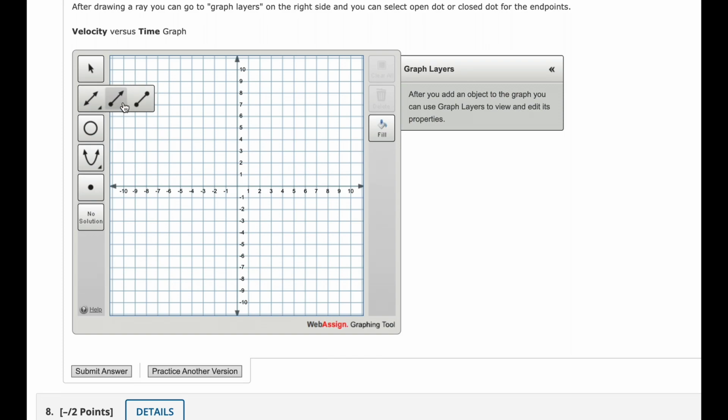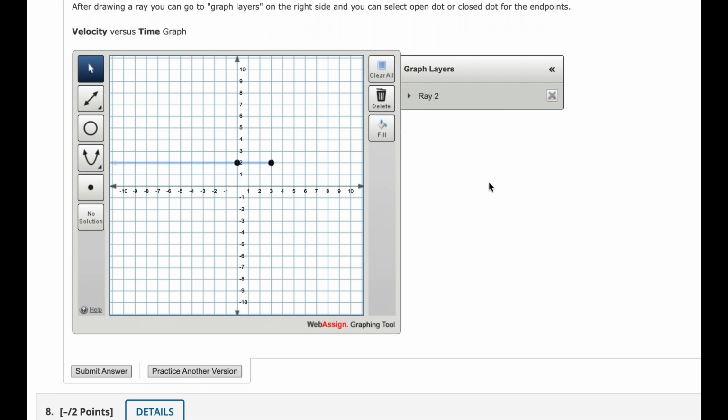Select the ray tool with a dot at one end and an arrow at the other end. Click on the important point in question, which is 3, 2, and then click on any other point where the value of the velocity is 2 and to the left of the original point. And that's what we need for that segment.